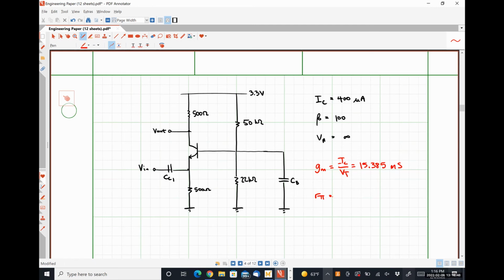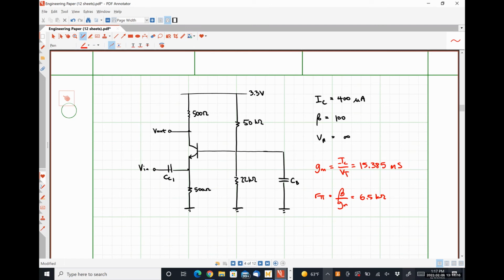R pi, how do I determine that? Beta over gm, absolutely right. Which I get to be 6.5 kilo ohms. And then in this case, since VA is equal to infinity, r0 would also be infinity.